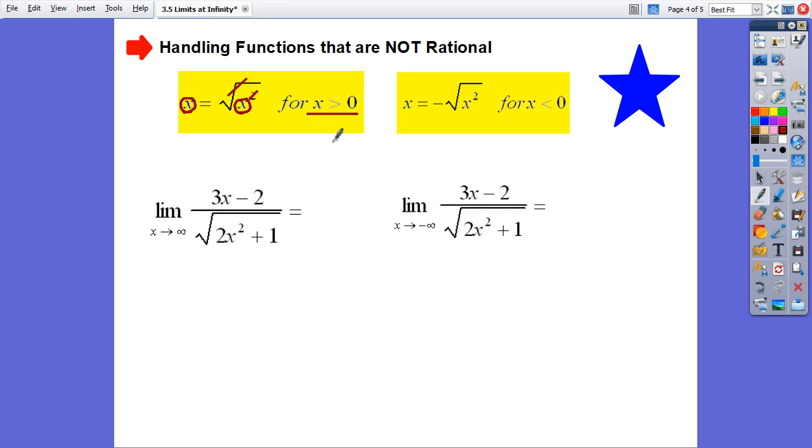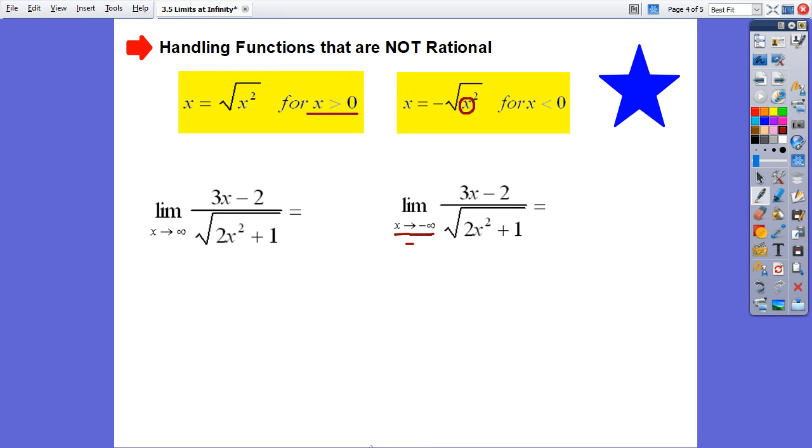So when x is positive, what we're going to use is this idea of the square root of x squared being x. I'll show you why in just a moment. But I also want to show you this and make sure it makes sense. If my x is approaching negative infinity, that means my x's are negative. So remember, this x is negative, but when I square a negative, it makes it positive. So when I take the square root of, let's say, 16, we get positive 4.